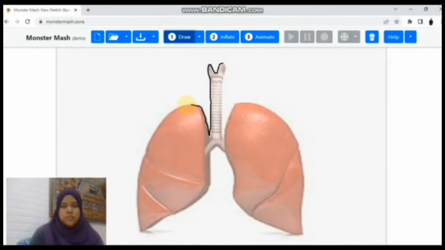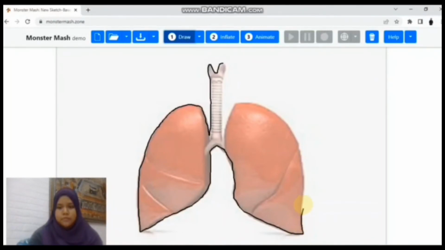Slowly, just follow the original image that we already imported.